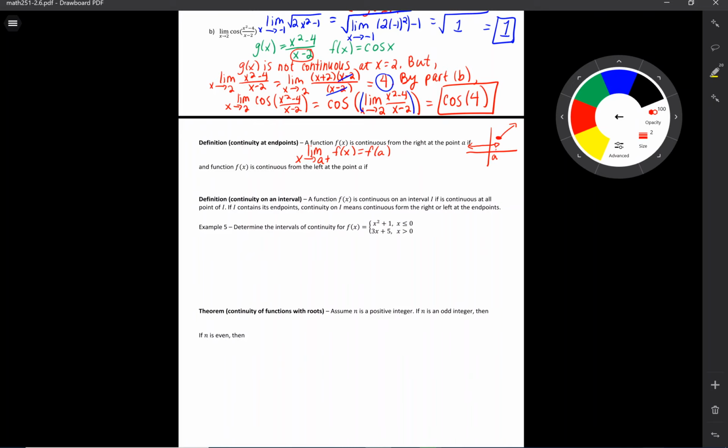And f of x is continuous from the left at the point a if the limit as x approaches a from the left of f of x equals f of a. This would look something like this, if this was a. So my limit as I approach a from the left is that function evaluated at that point.